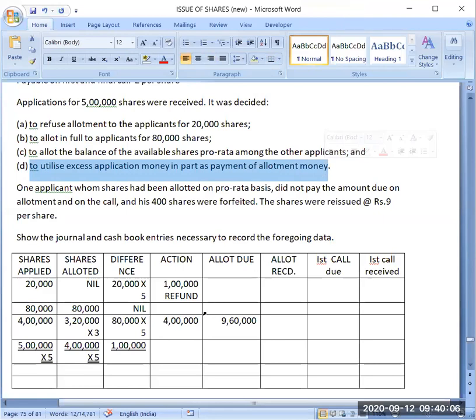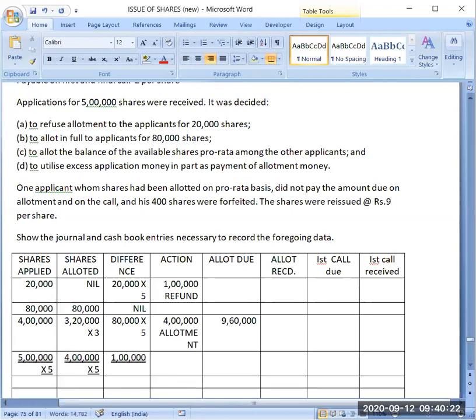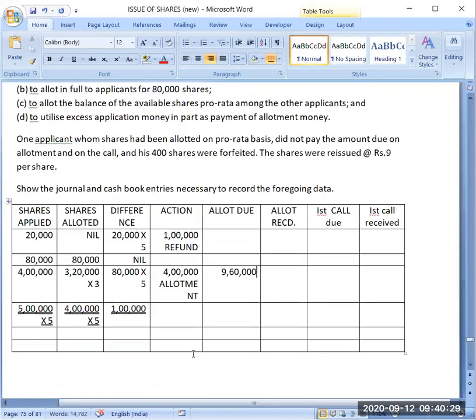So here, even a shortage is there for allotment money. Even we are not receiving complete allotment money in advance. So that's why the whole amount will be transferred to allotment. This 4 lakh. Yes, please. This point is clear. This point has to be decided very carefully. Okay. So now this category will be blank for all the rest of the columns. There will be no amounts in this because we have not allotted any shares.